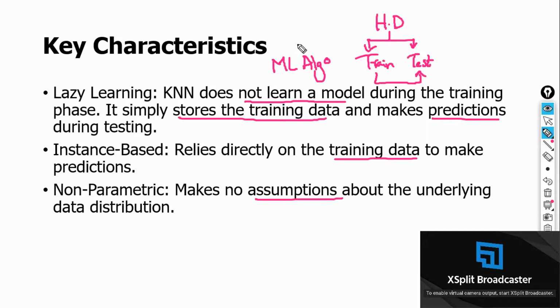So there are multiple algorithms where it takes some assumptions on the data, but KNN has no assumption. And in the back end, it does not form any kind of equation. There are no parameters. So that is the reason it is called a non-parametric algorithm.